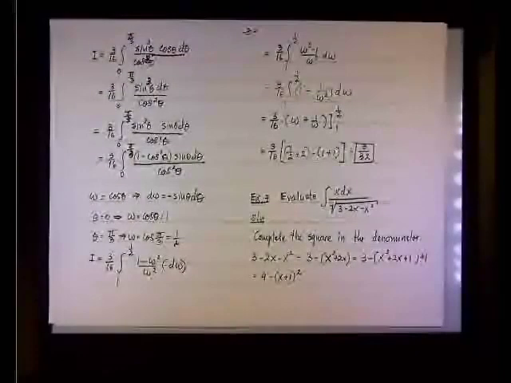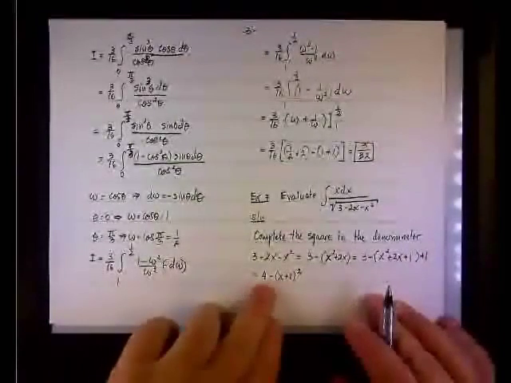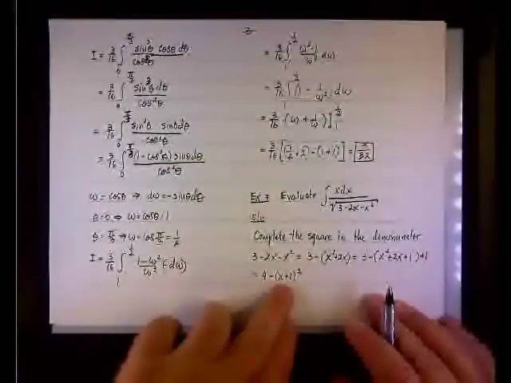So what do you think will be my substitution? I want to have 2 squared minus u squared, so 4 minus u squared, so u will be x plus 1.